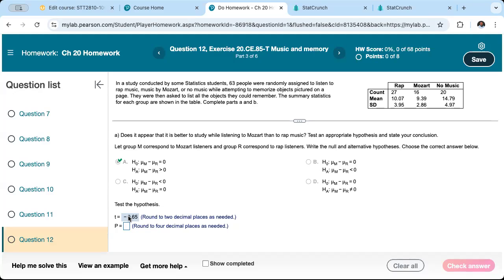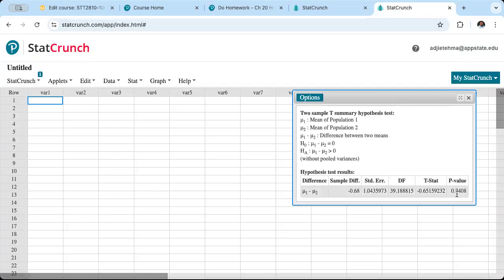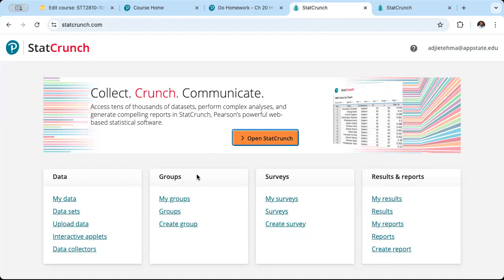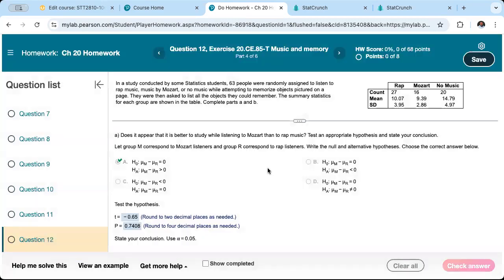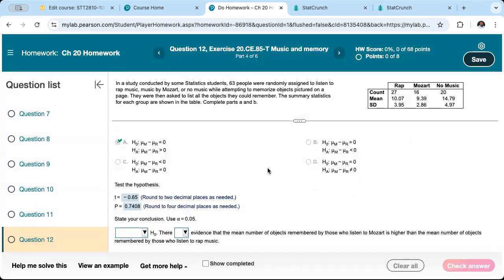And then the next one says that I should input the p-value. So my p-value here is 0.7408. And then they are asking me to state the conclusion.